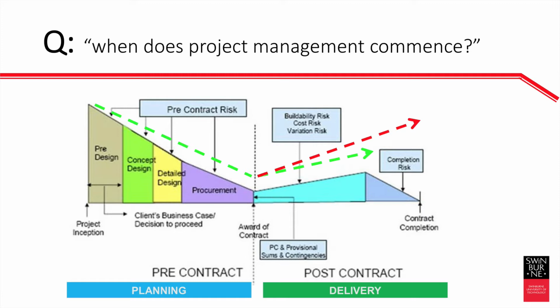The earlier in the life cycle that a mistake is made, or that an assumption that can't be applied is considered, the bigger the impact to the project going forward. So project management actually begins in the planning stages: pre-design, conceptual design, detailed design, procurement and award, and then delivery.